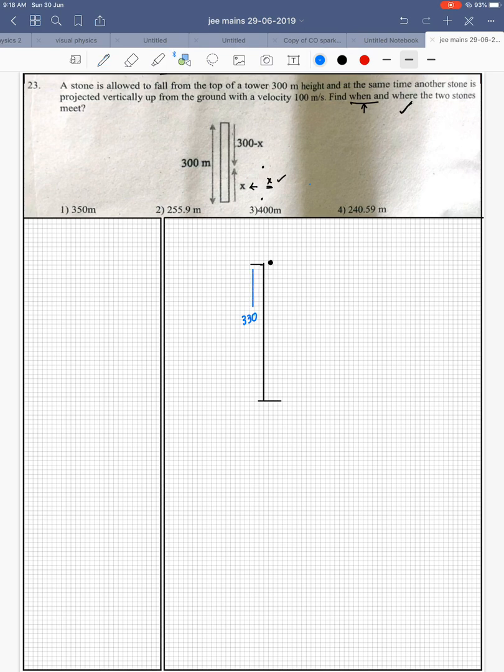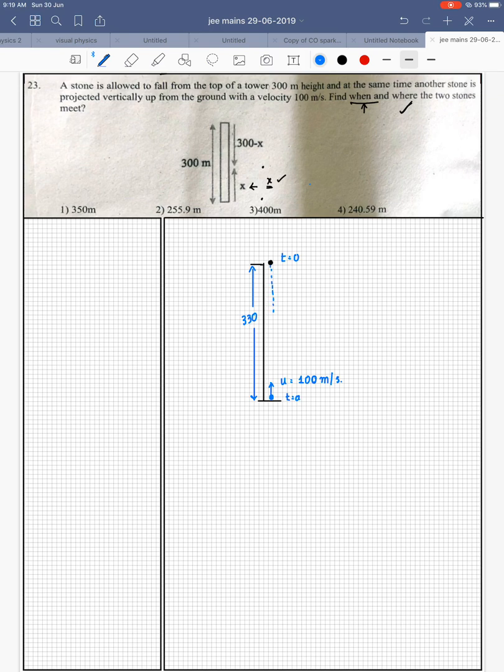And at the same time, say at t equals to 0, both of them are at this position, and another stone is projected vertically upwards with an initial velocity of 100 meter per second. Find when and where they will meet.